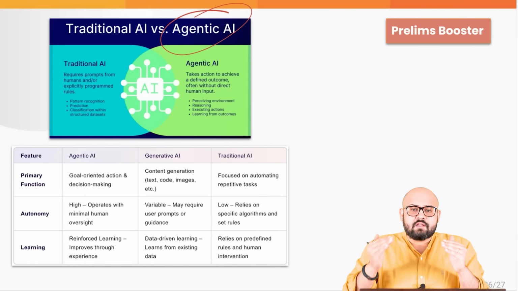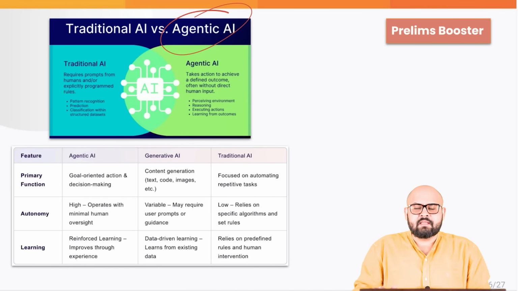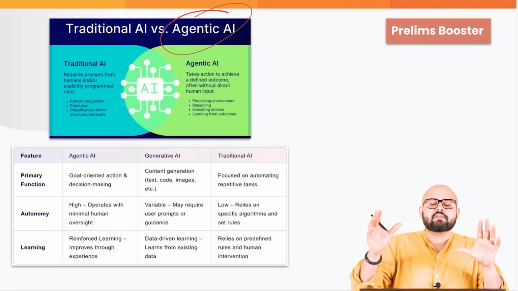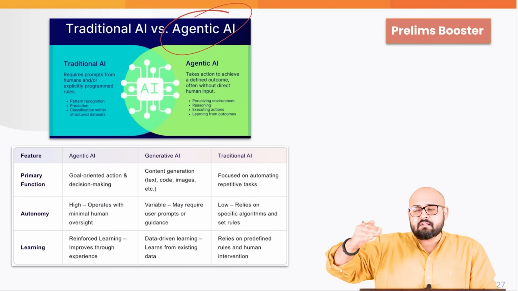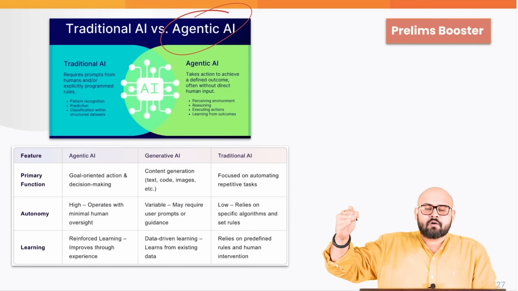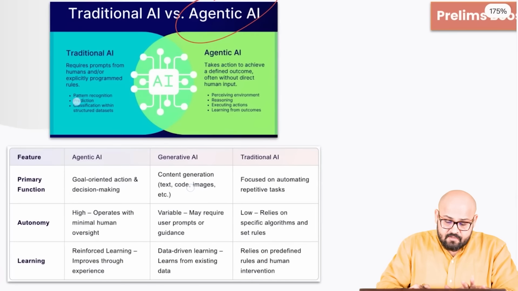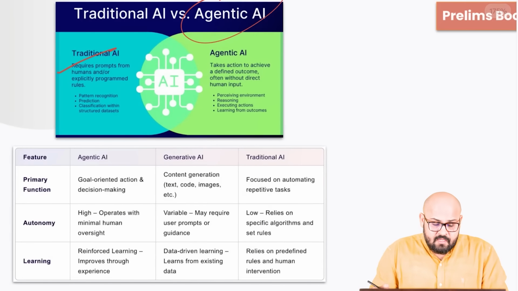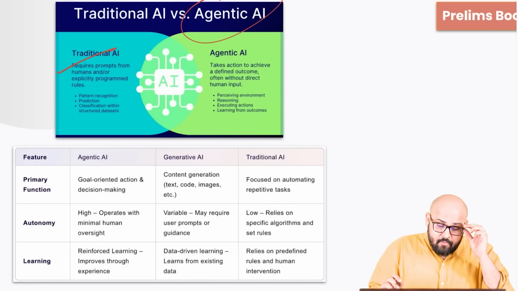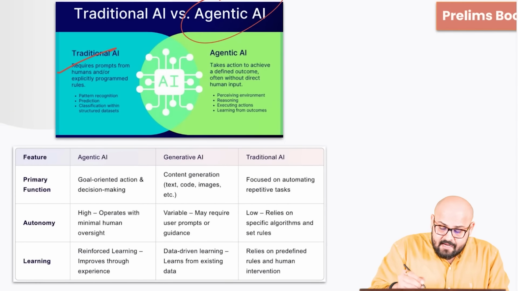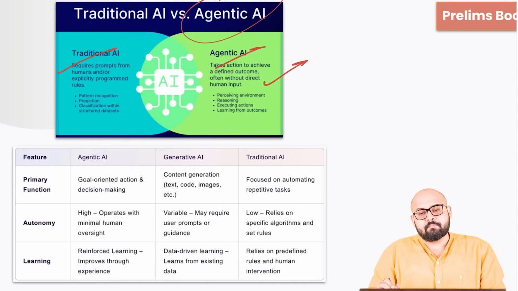So it is on its own performing certain tasks in the supply chains without the interference of humans. That is the next frontier, the next boundary, the next stage of development with respect to AI. Traditional AI requires prompts from humans and or explicitly programmed rules. Agentic AI takes actions to achieve a defined outcome, often without direct human input.